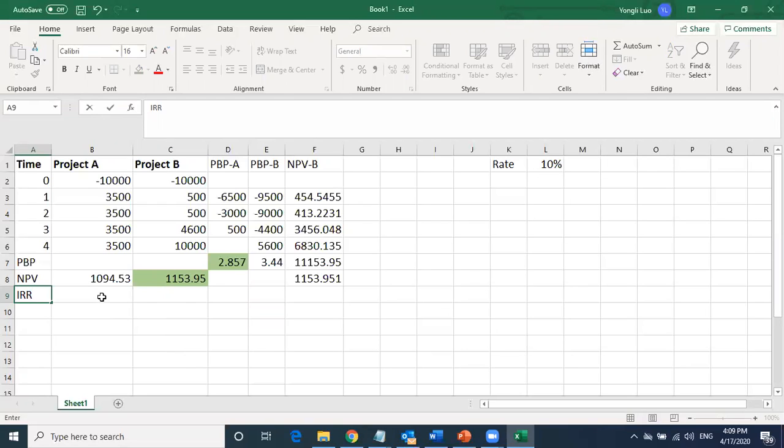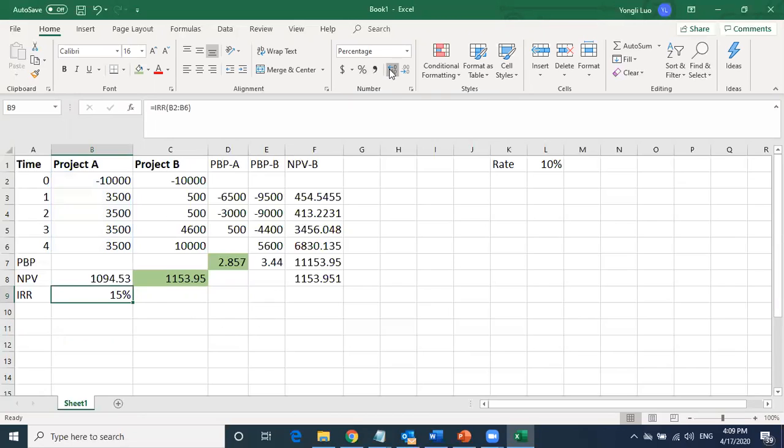You can use the IRR function. You just select all the values of project A, click enter, and you will get an internal rate of return of 15%.